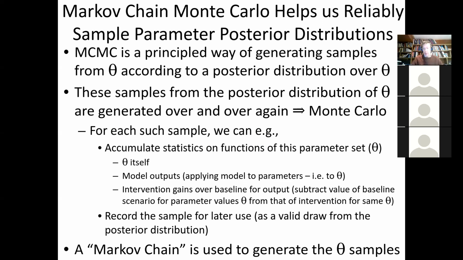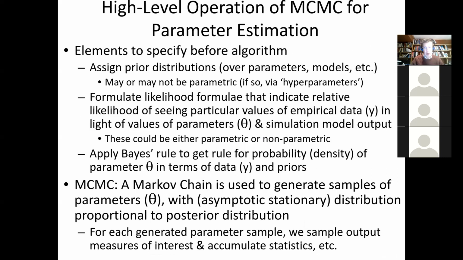And the Markov chain is indeed used to generate these samples. At any one point, we're going to be in one state, and then with a certain probability, we'll transition to another state, or we may just stay where we are. And the Markov chain will be implicit there. Okay, so the high-level operation for how MCMC works here is rather simple.